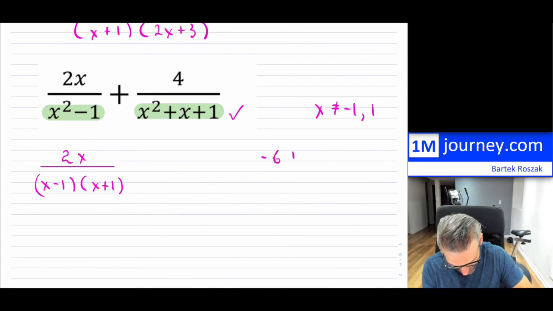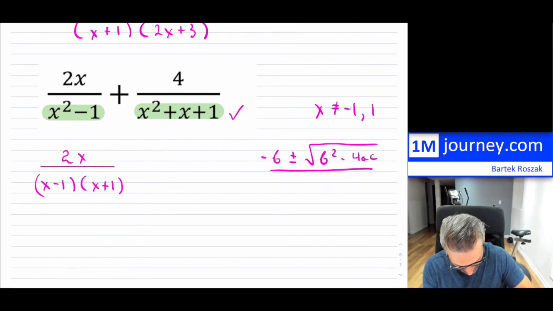Negative b, plus or minus the square root of b squared minus 4ac, all over 2a. What I'm interested in is actually the radical. So under the radical, b is 1, so 1 squared minus 4.